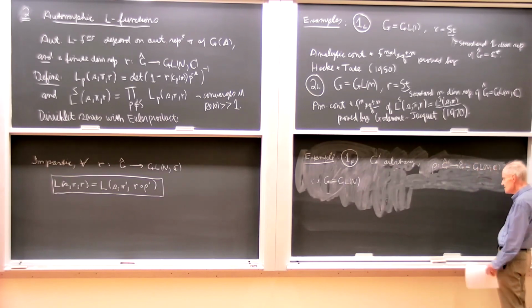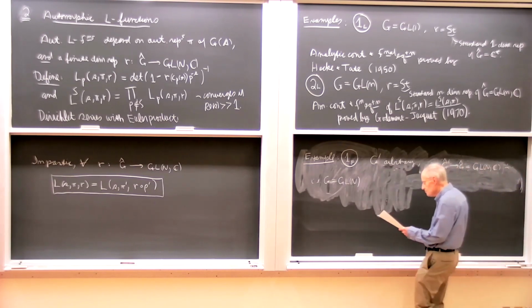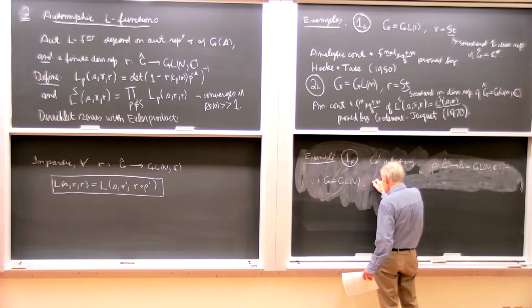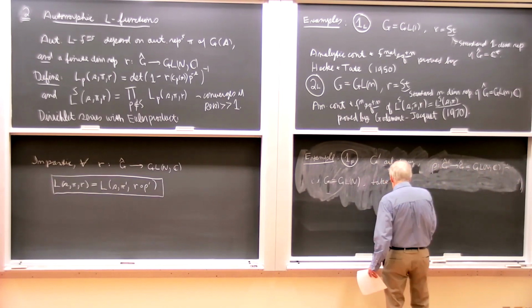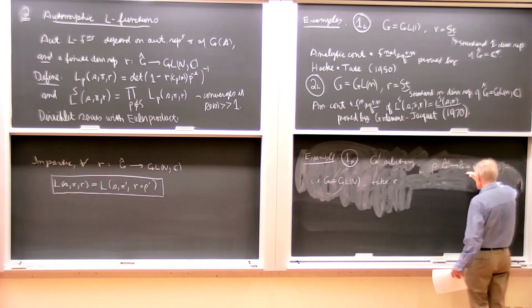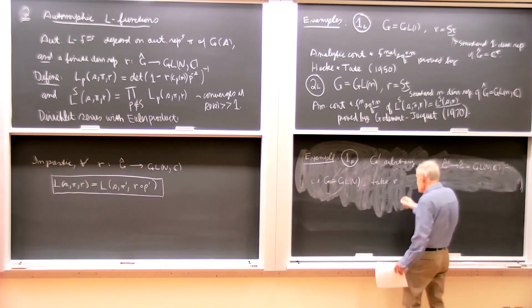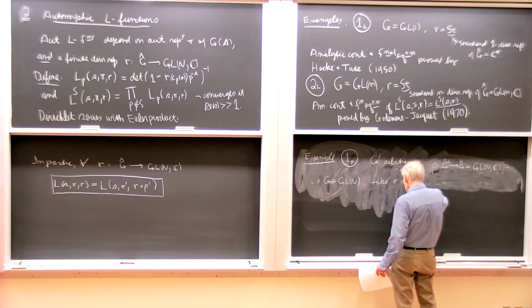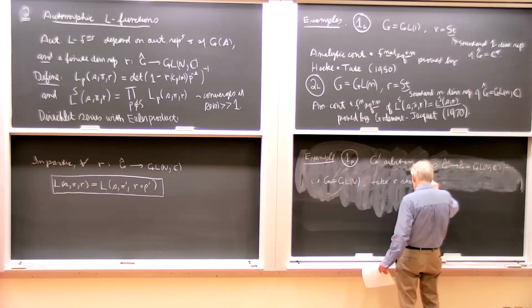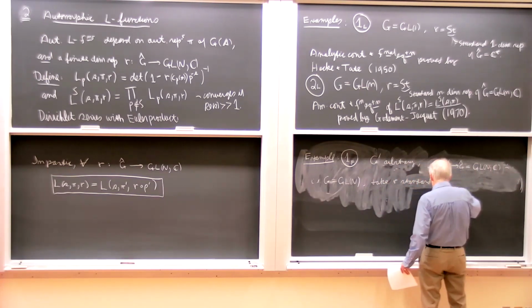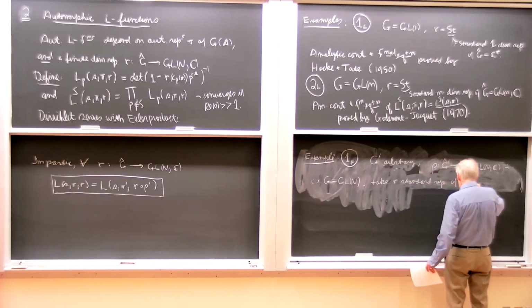What does it say? Well, let's look at the L functions, and where we would take R in general is a map from the dual group of the second group G into GLN. Well, I'll take R to be the standard representation of G hat.